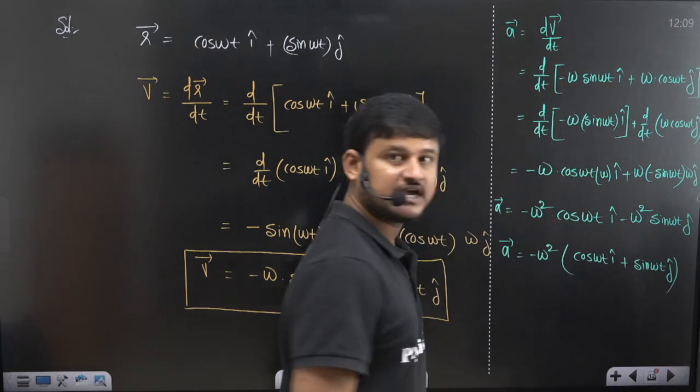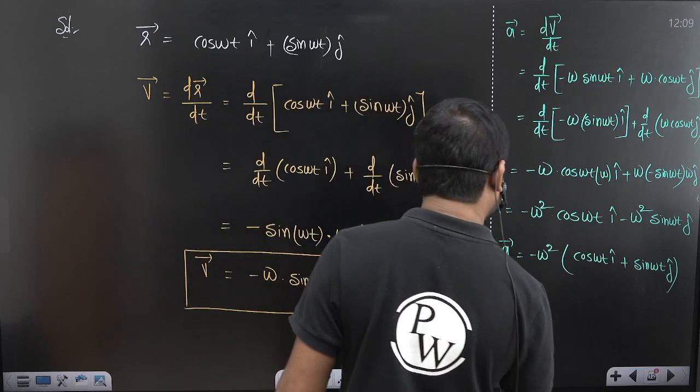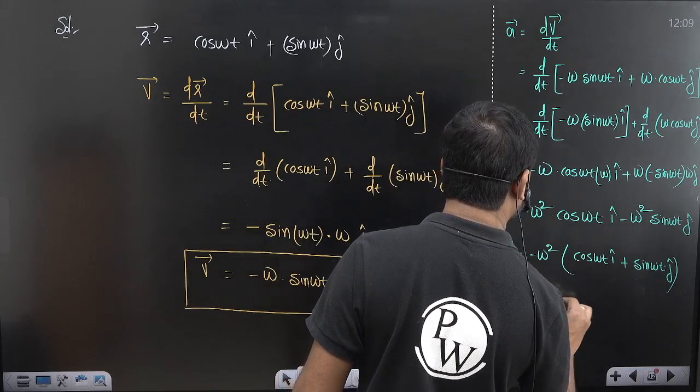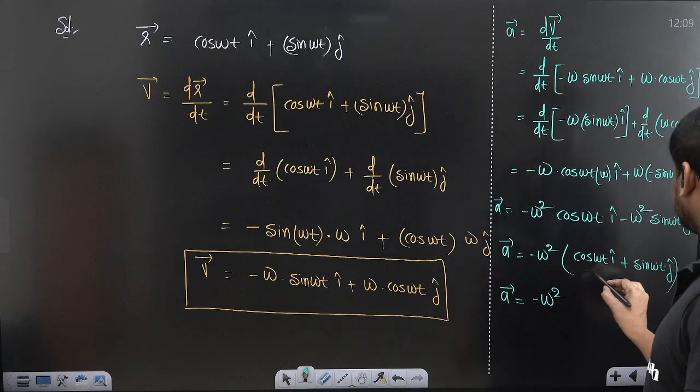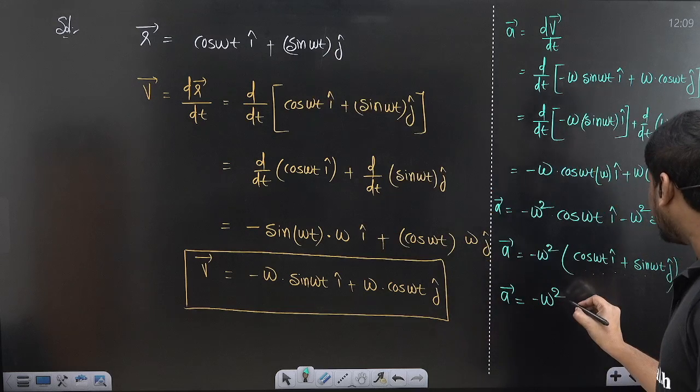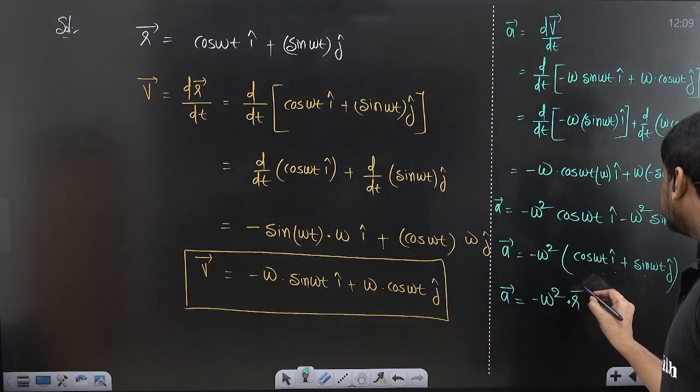So the a vector is equal to minus omega square, and cos omega t I cap plus sin omega t j cap is nothing but the r vector.